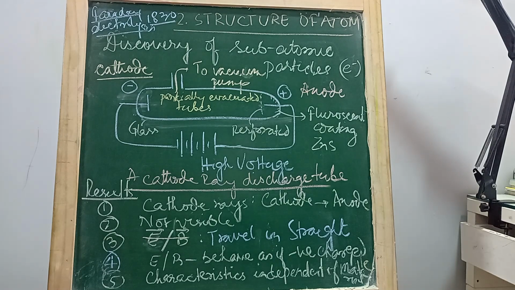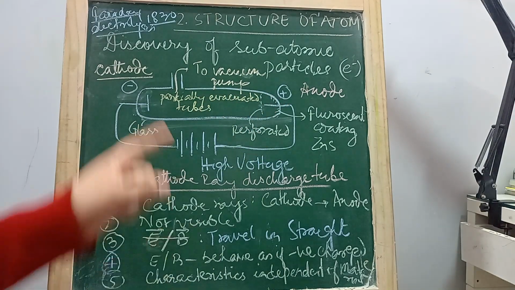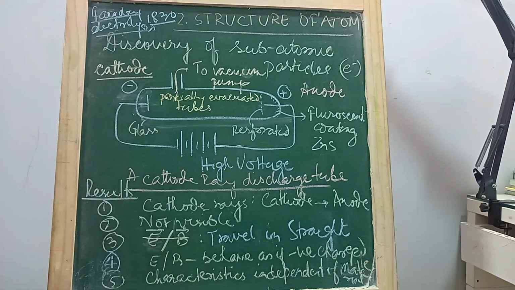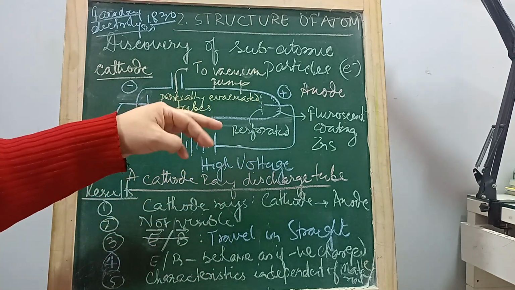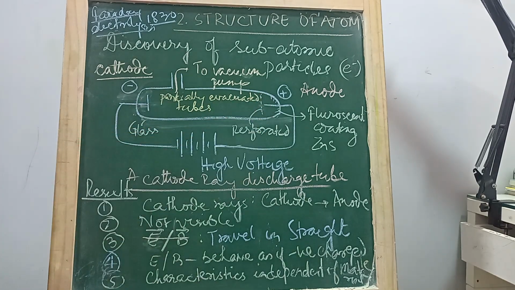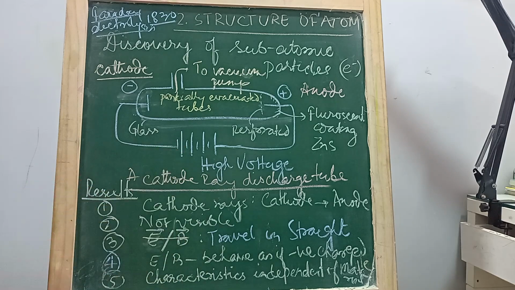So what is a cathode ray discharge tube? A glass tube was taken, and it contained two thin metal plates, called electrodes, and they were connected to a very high voltage.